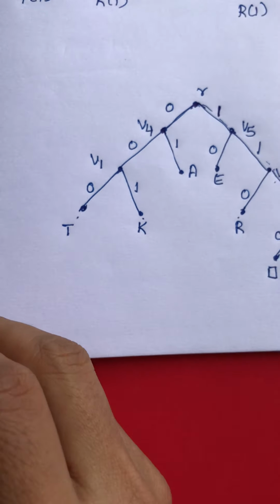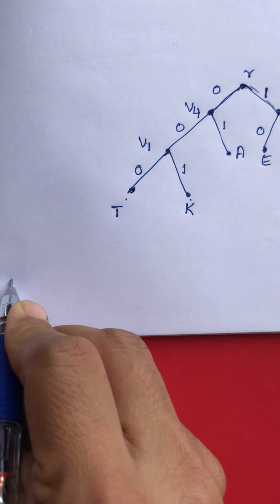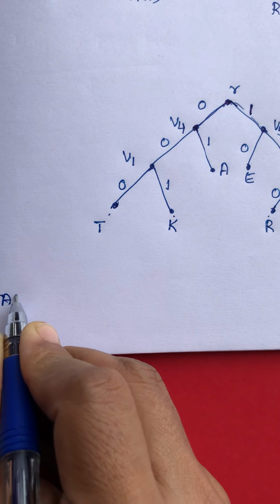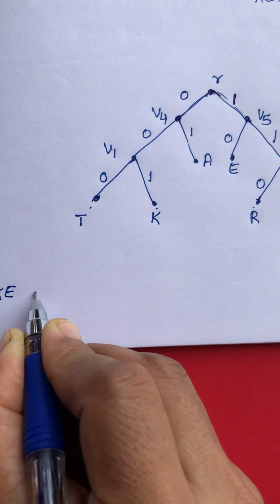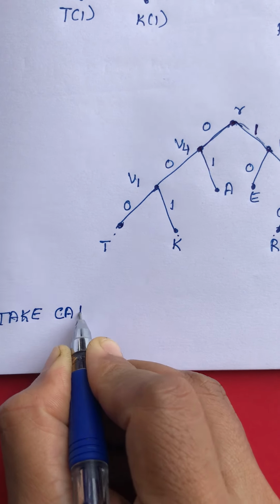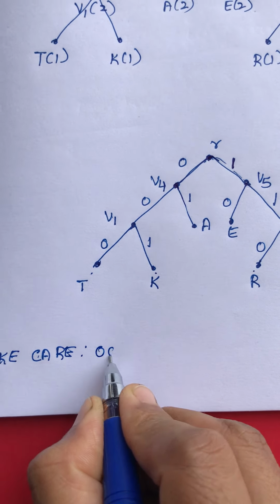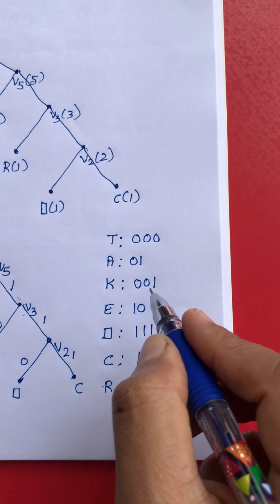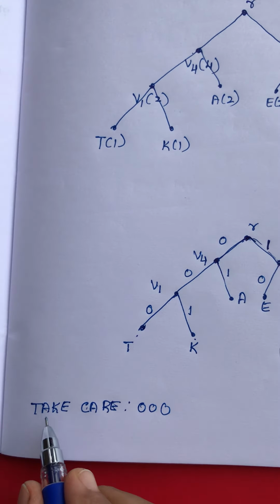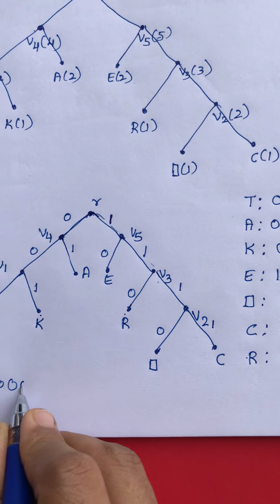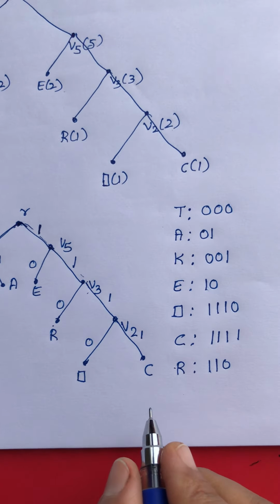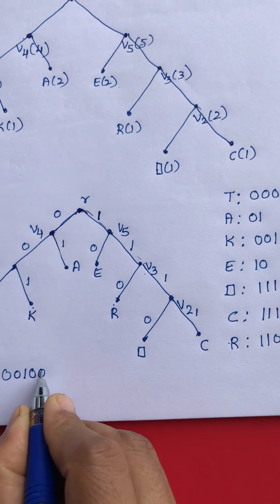They are asking us to indicate the code for the message take care. So the code for the message take care: T is 0, 0, 0. I am just copying from here. Then we have A. A is 0, 1. K is 0, 0, 1.